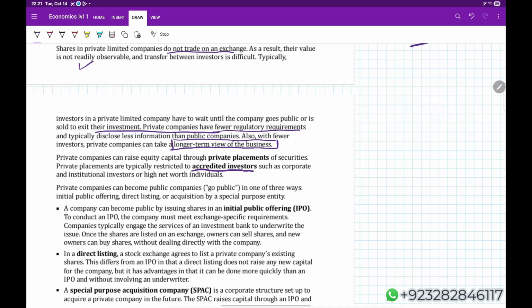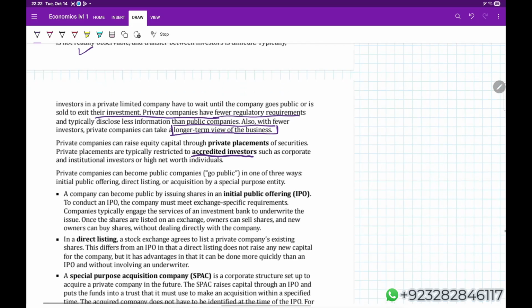These are the accredited investors. Okay. And obviously the capital is raised through private placements. It's not public investment, it's not an IPO. It's privately invested by different kinds of investors like we just discussed.